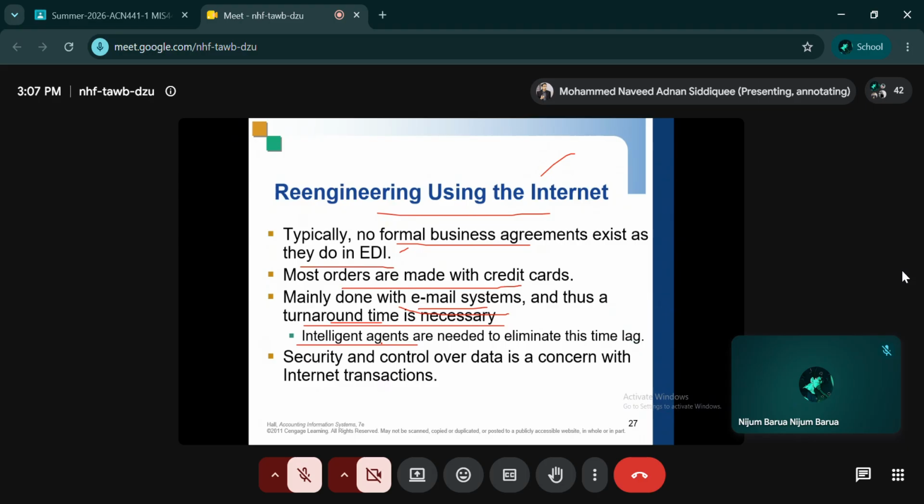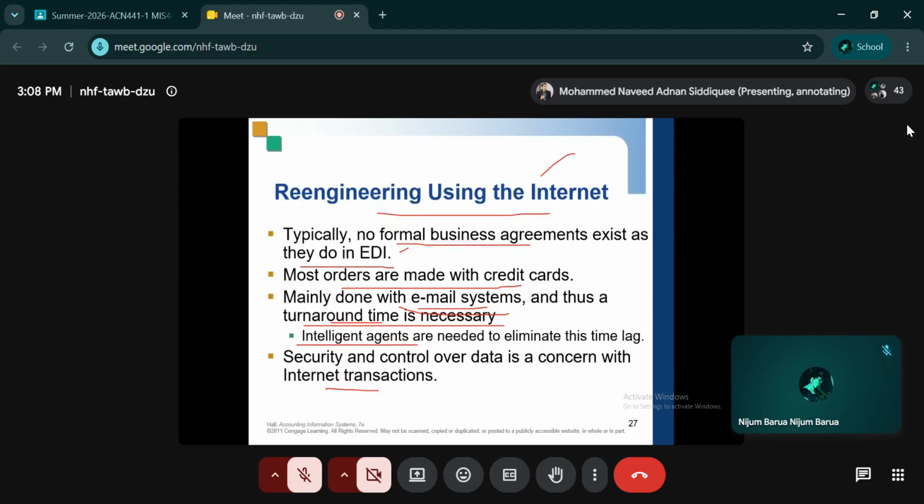Okay. So security and control over data is a concern, of course, like in any transactions. So this needs to be very carefully monitored, because internet transaction korte gele, especially if you're using public Wi-Fi and unencrypted, unprotected networks, then the security and privacy of the information you're sending becomes a major concern, right?